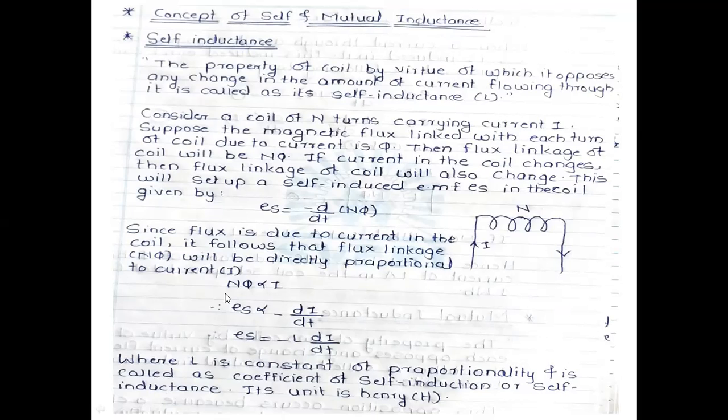Below this, differentiating the above equation with respect to t, we get d(N phi)/dt proportional to dI/dt. Here d(N phi)/dt equals minus es, so we can write this.